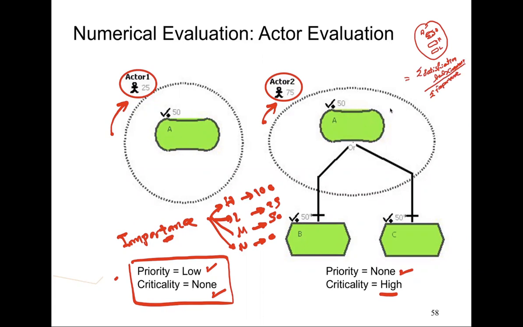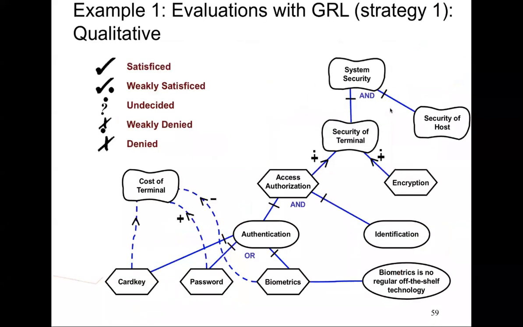So let's take the following example to illustrate the propagation algorithm that helps in identifying the satisfaction level of each goal, which will be used later for negotiation among stakeholders, based on what strategy or solution you would provide.